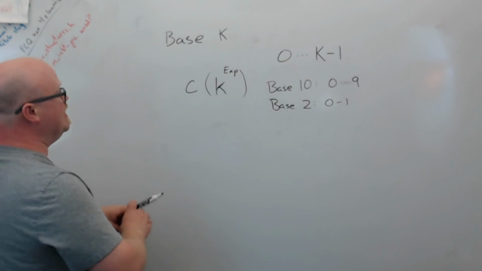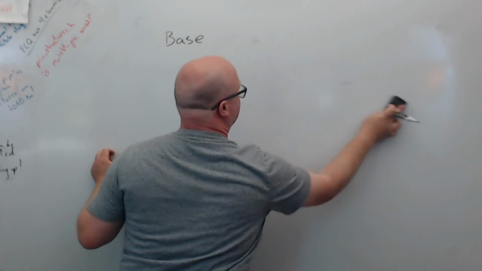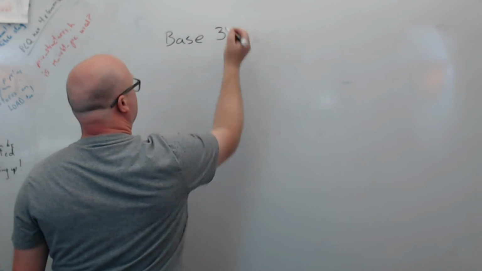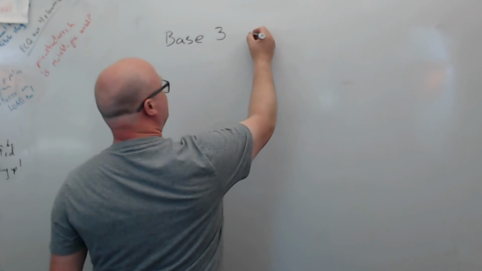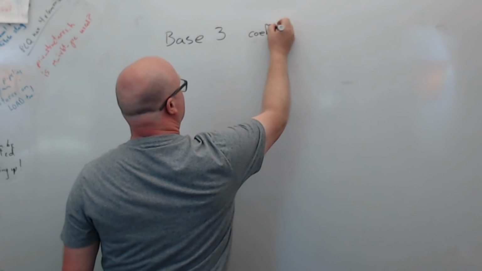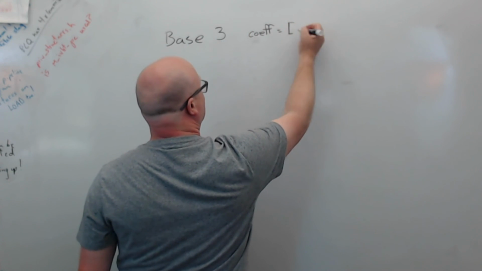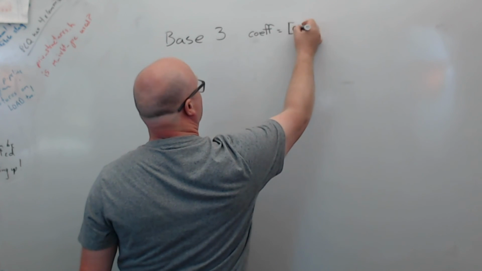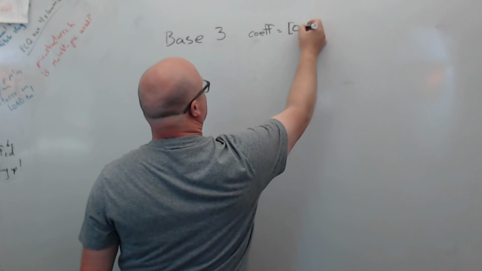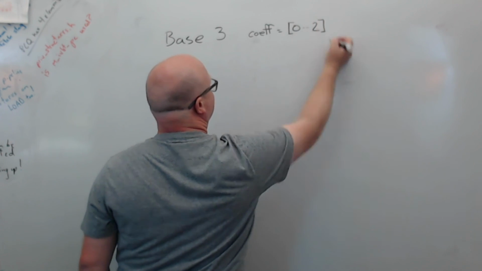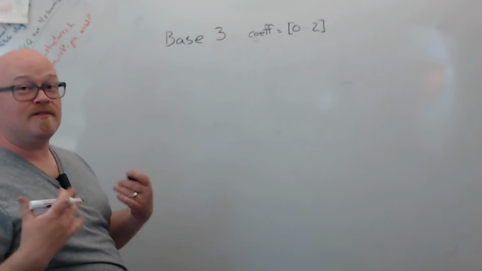All right, so let's do a base 3 number. Base 3, which means our coefficients are going to be within that range of 0 all the way up to 2, right? Because 2 is 3 minus 1.